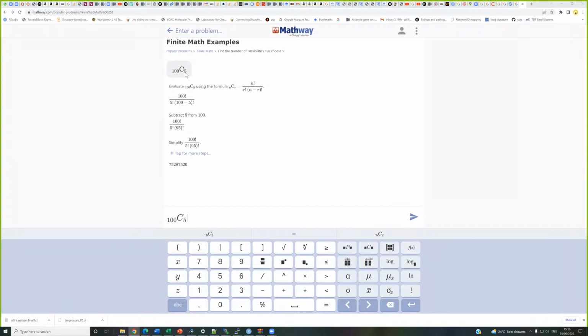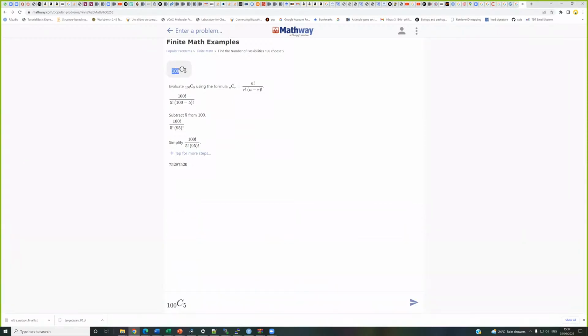So as you can see, suppose you are given 100 variables and asked to select any 5. There are this many different possibilities. The number is huge. This is roughly 75 million, or roughly 75 crores.